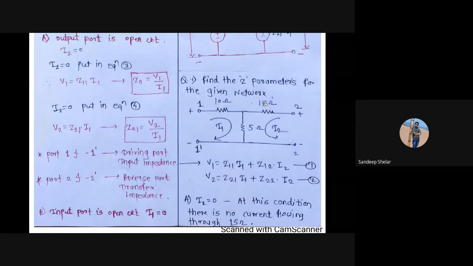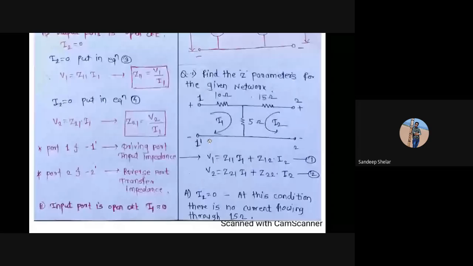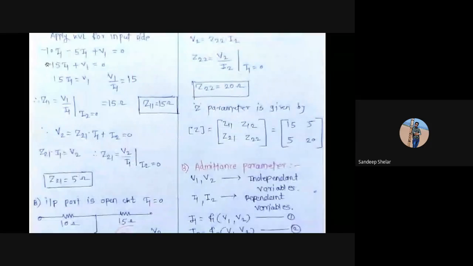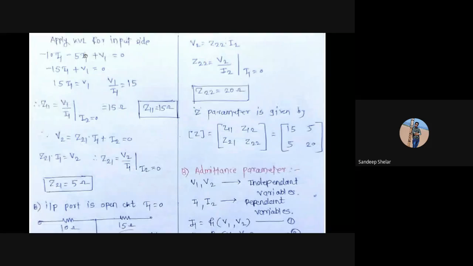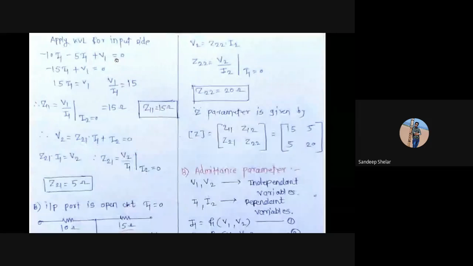Then apply KVL for the input side. Minus 10 I1 minus 5 I1 plus V1 is equal to 0. Then minus 15 I1 plus V1 is equal to 0, so 15 I1 is equal to V1.